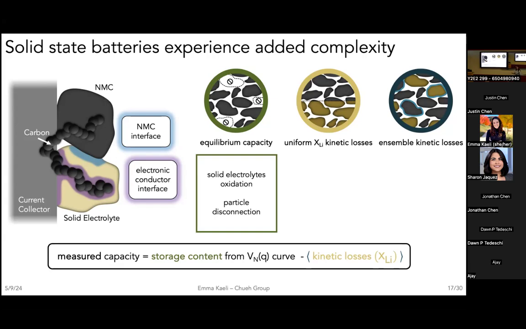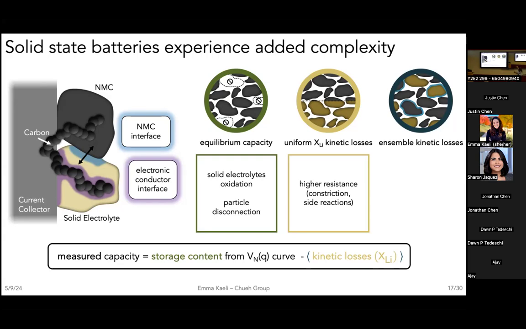So what can happen is, if you have particle contraction, for example, in some cases, because you have these point-contact solids where it's not a liquid filling every void, you can experience more particle disconnection, in particular in solid state batteries. In terms of uniform lithium state kinetic losses, we now have to transport lithium across these reacted interfaces that have slightly higher resistance, as lithium is going to be a little bit more limited in terms of whether or not it can get through those.